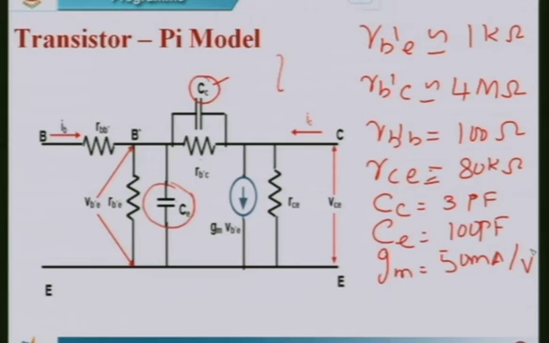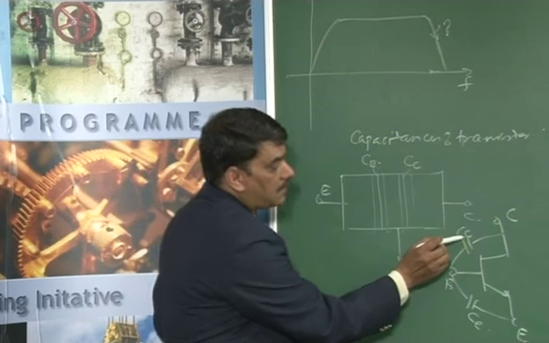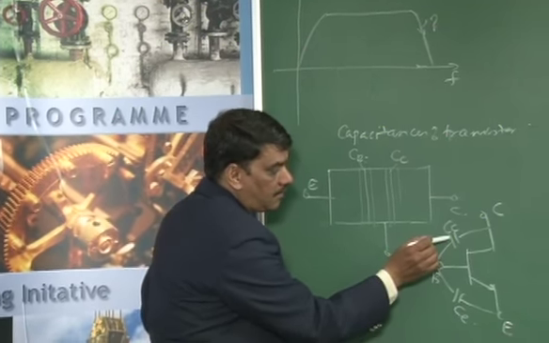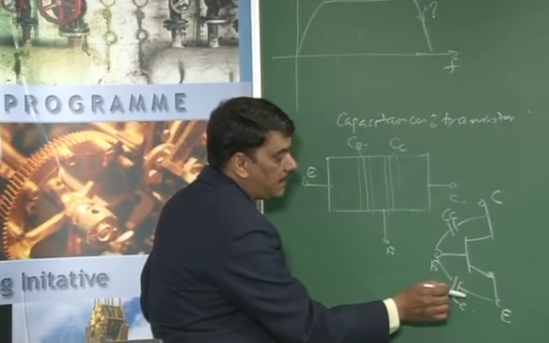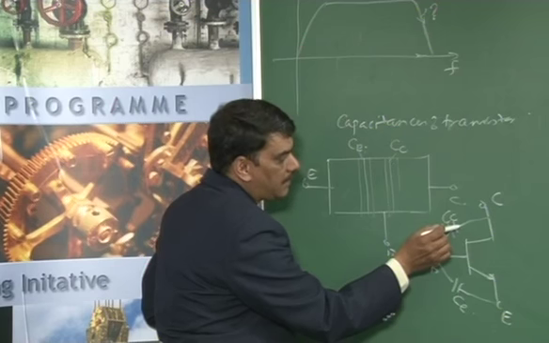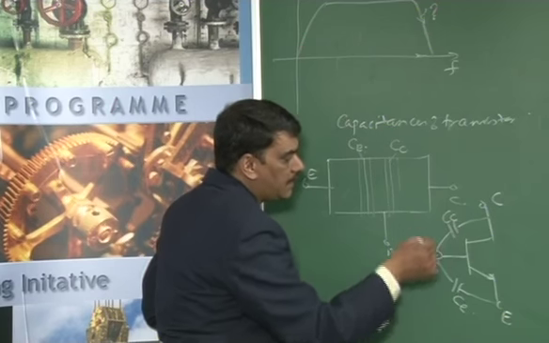Next, we have to find the relation when this transistor hybrid pi model is approximated at low frequencies. What is the effect on that? We know that at low frequencies, the reactance of the capacitances C_c and C_e is very high, therefore they act as an open circuit.